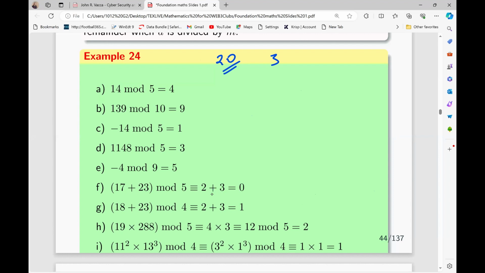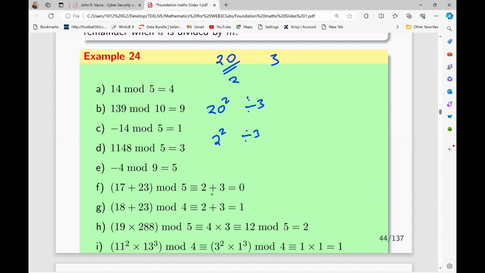The remainder here is 2. 3 goes there, the remainder is 2. So if I was to take 20 square and divide by 3, the remainder that I get will be the same as 2 square divided by 3.